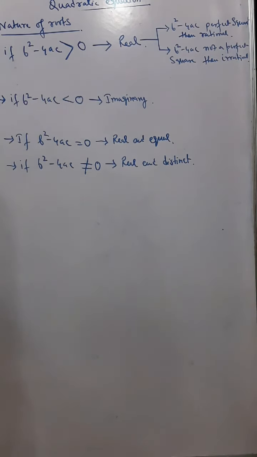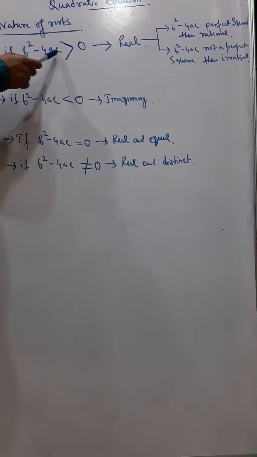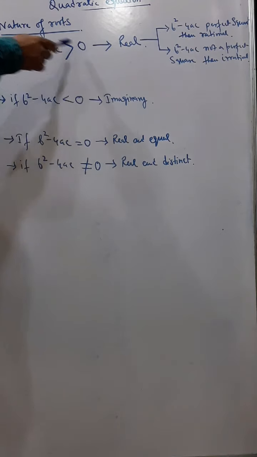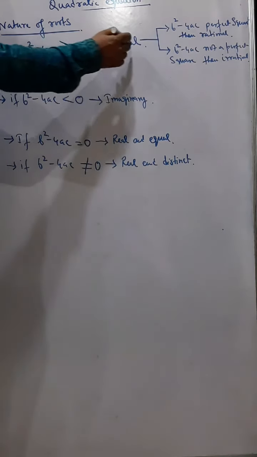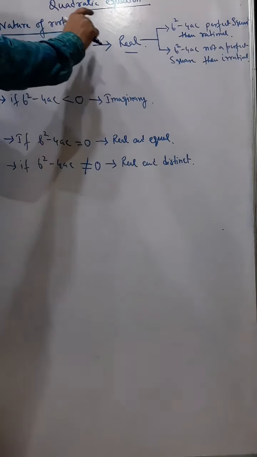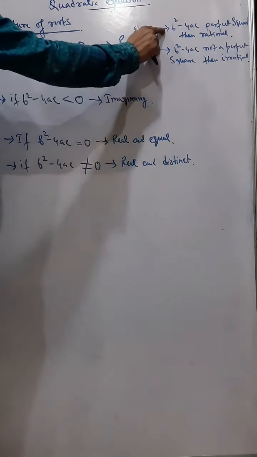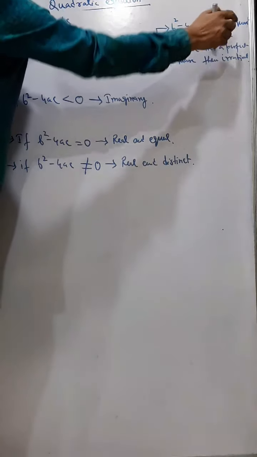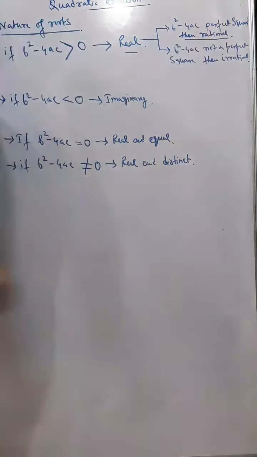Okay, so finally, to summarize it, if b square minus 4ac is greater than 0, then naturally the roots are real, and if it is greater than 0 and a perfect square, then the roots are rational.